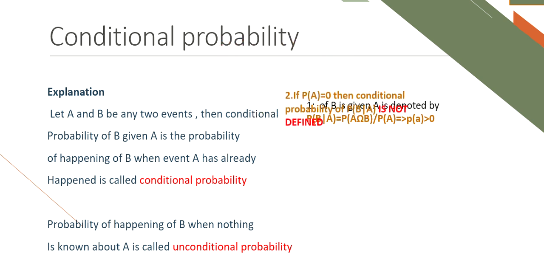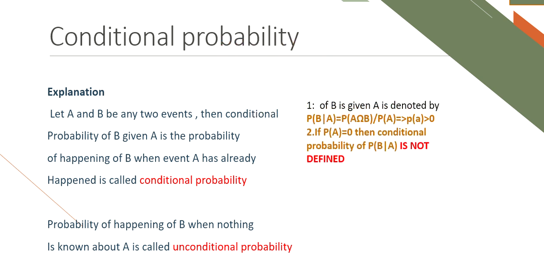Then one more thing we have to conclude. If the probability of A is greater than 0, this is the condition. If it is equal to 0, that means A does not happen. If A does not happen, we can call it an unconditional probability, and it is declared that the probability of B given A is not defined. We cannot come to a conclusion. If A happens, we can come to a conclusion.